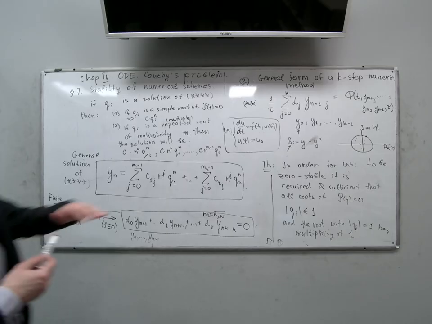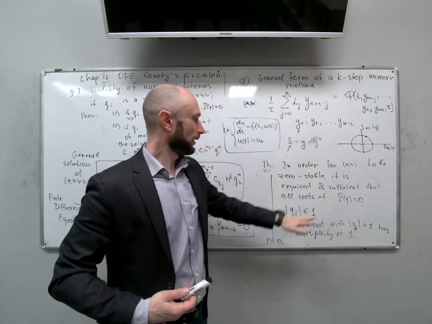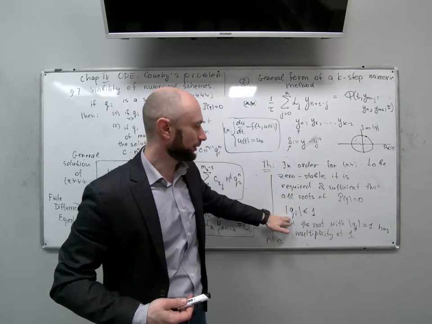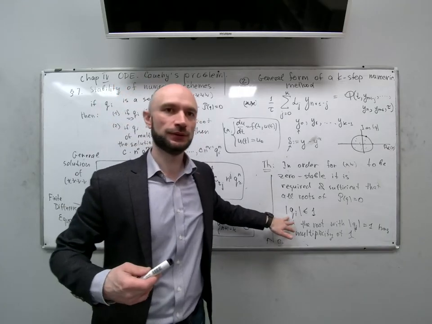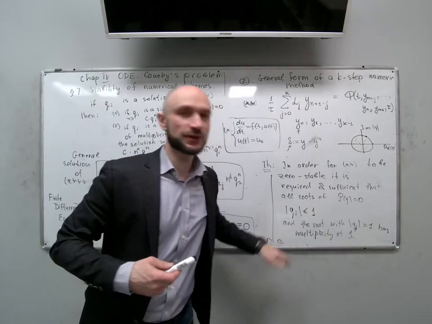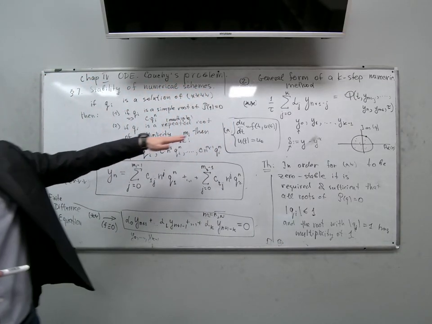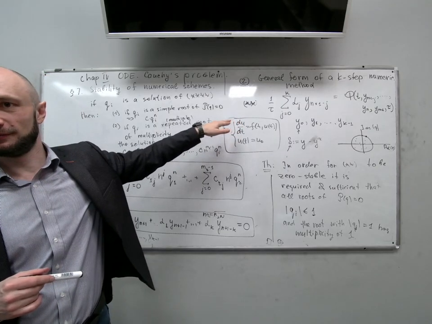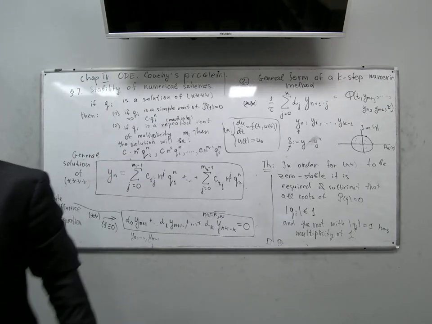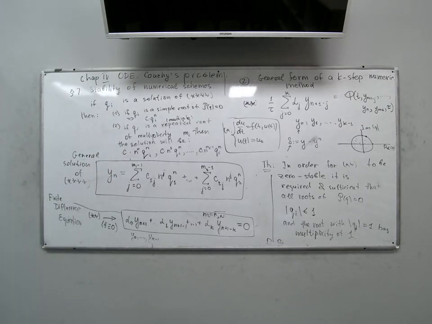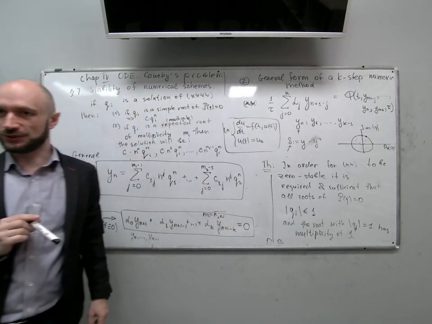So if you are able to prove, for the scheme that you developed, that for the characteristic polynomial all the roots are below 1, then you can say that your scheme is zero stable. So your scheme preserves at least constant solutions, doesn't let them go away as the time increases, and doesn't let them go away as the time step decreases, which is the most important part.